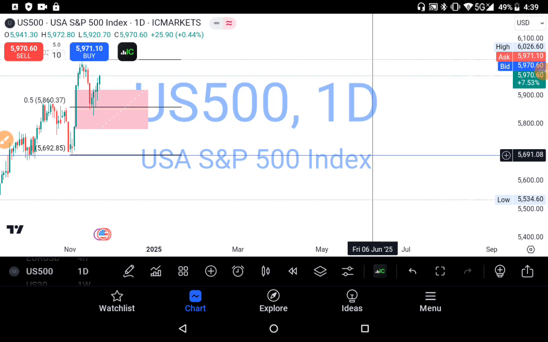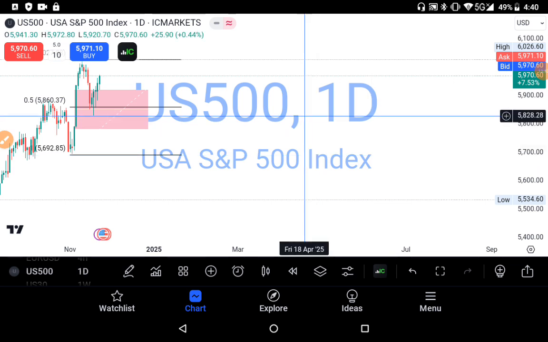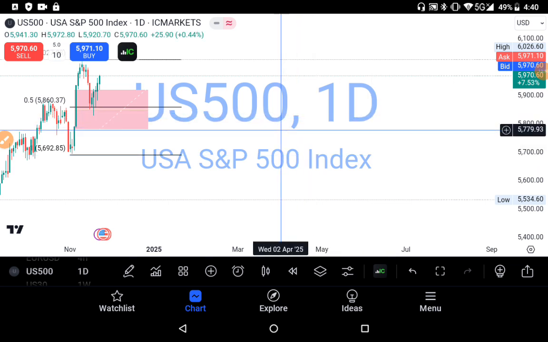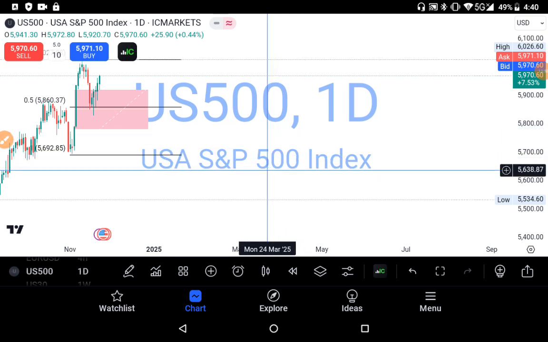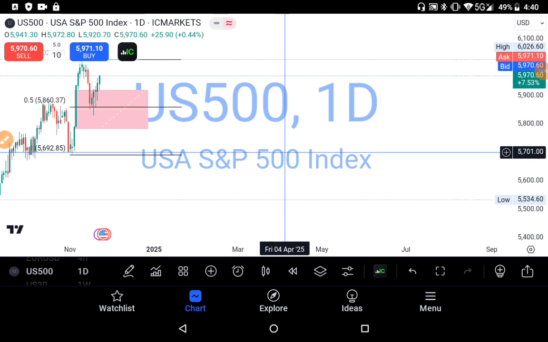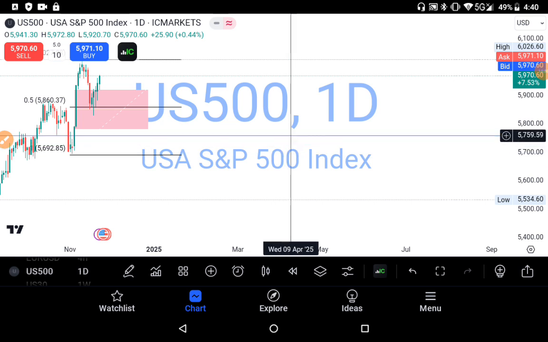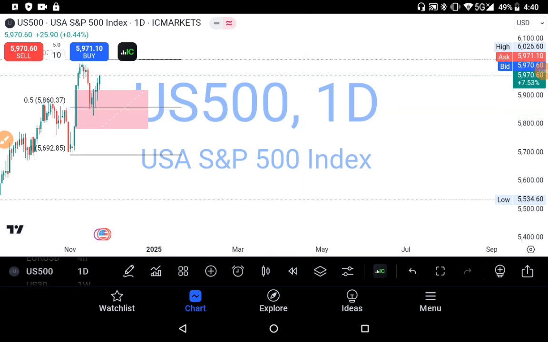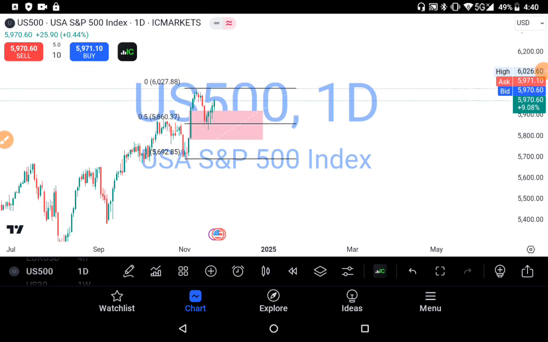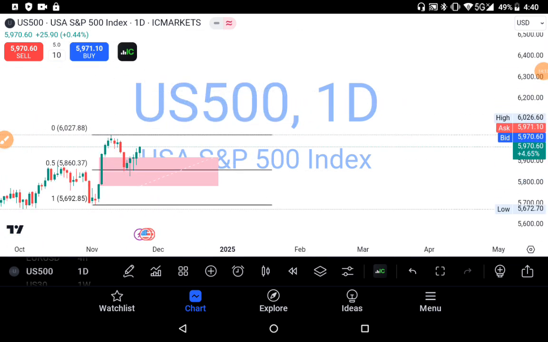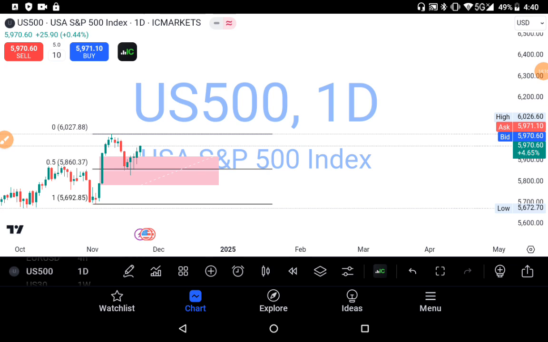But I was expecting a market reaction up to 5750, or 5600, if we could see a lower movement. But I had an interest in 6,000 level.